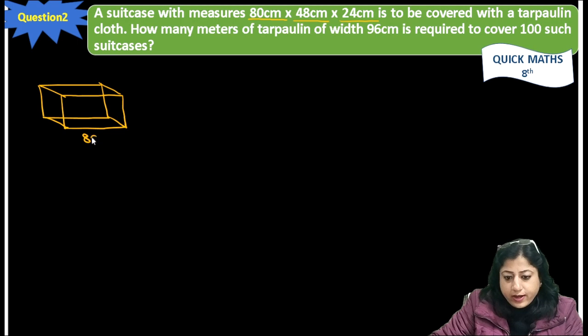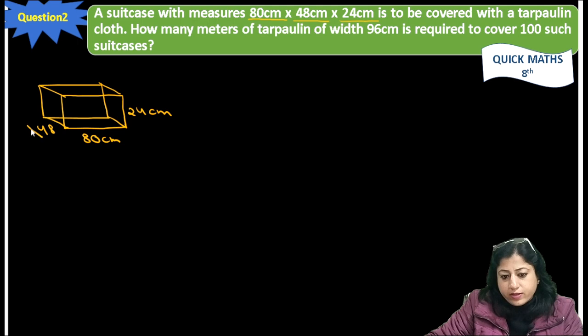Now length is 80 centimeter, the breadth is given as 48 centimeter and the height is 24 centimeter. This one is the breadth, this one is the length and this is the height.